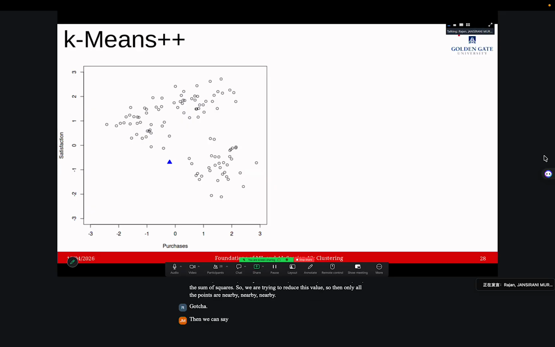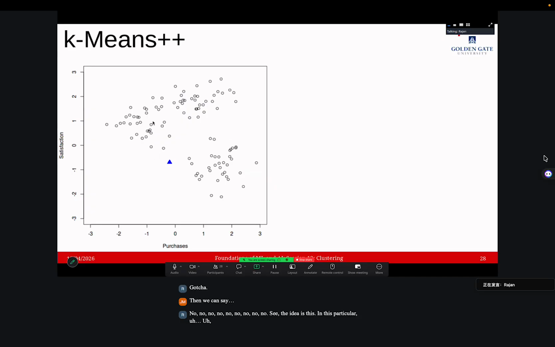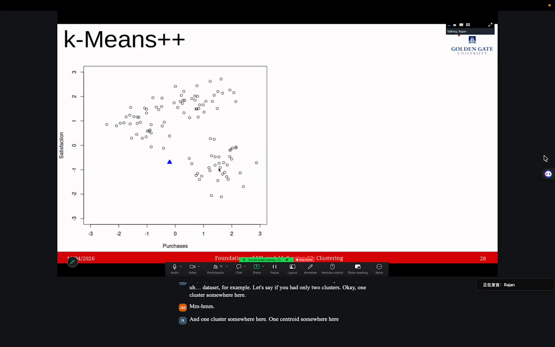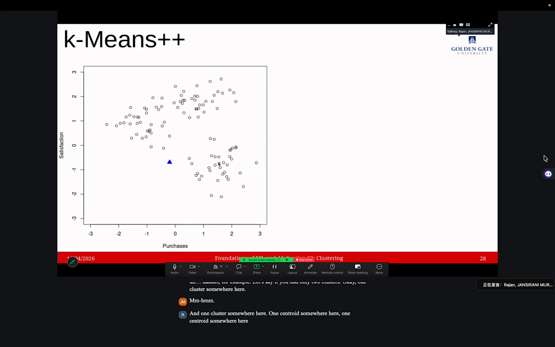Then we can say so. See, the idea is this. In this particular data set, for example, let's say if you had only two clusters, one cluster somewhere here and one cluster somewhere here, one centroid somewhere here, one centroid somewhere here, only two clusters.